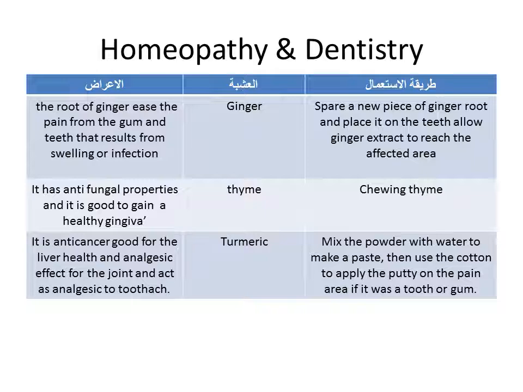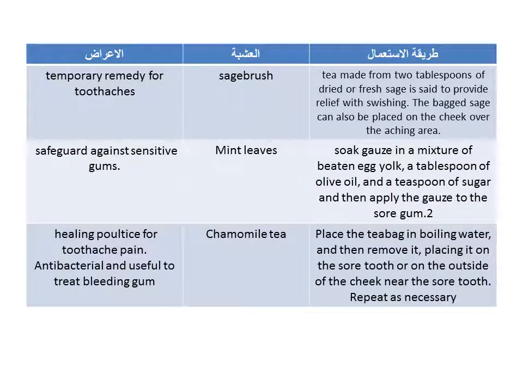Turmeric is very good. It's a powder, you can mix it with water, make a paste, wet cotton with that paste, and apply it on the tooth or the gum that causes the pain, with a similar effect. Sage brush is very good.